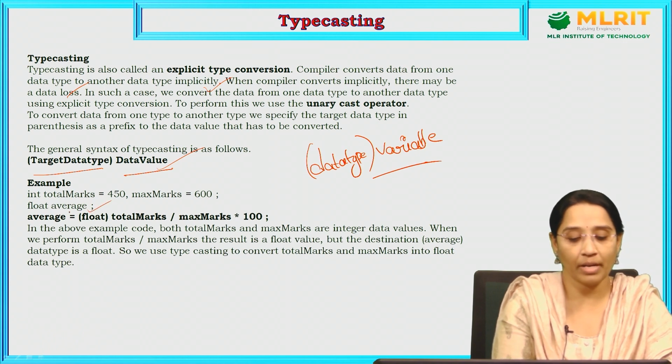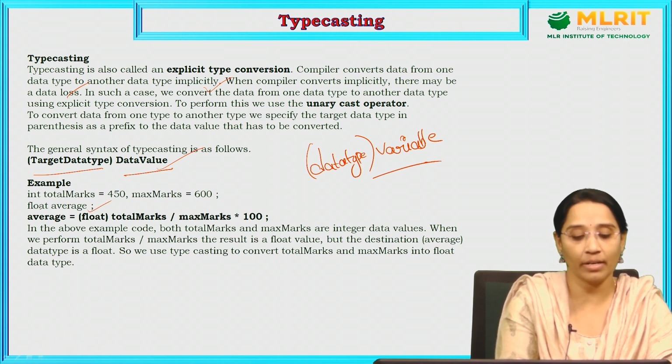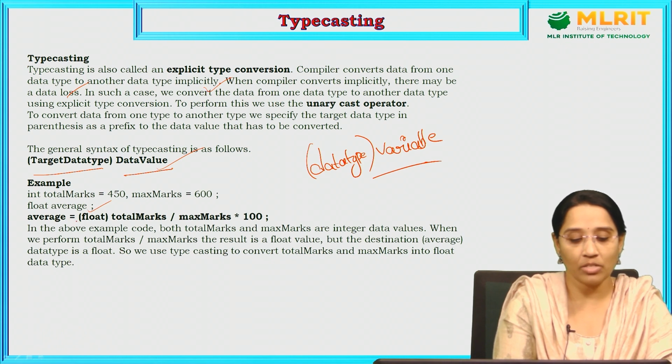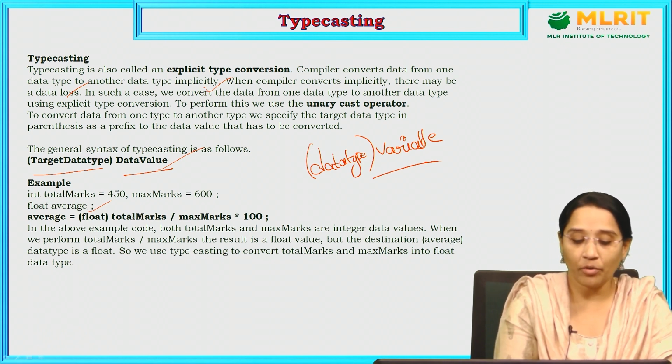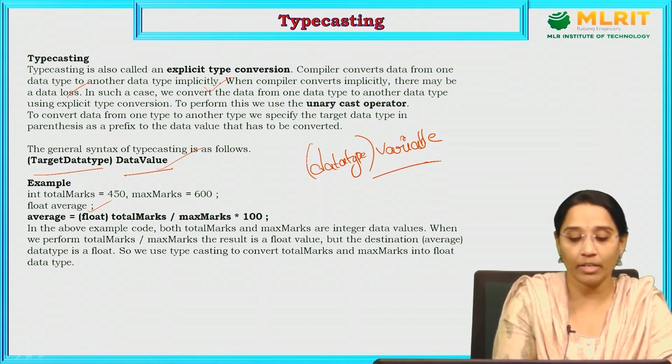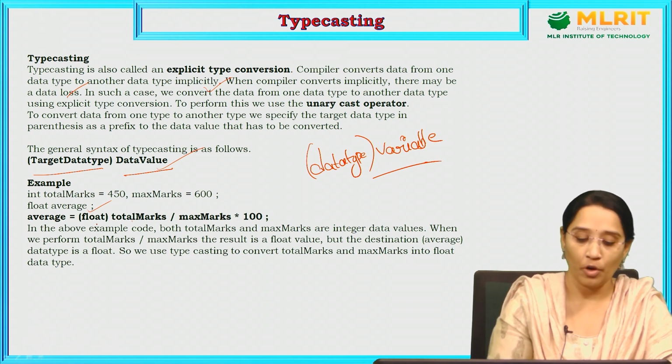Here we have taken a variable average with the data type float. So average is equal to float of total marks. Actually total marks was declared with type integer, but now we are converting total marks to float. If you want to do so, just put the data type in parentheses with the variable name.